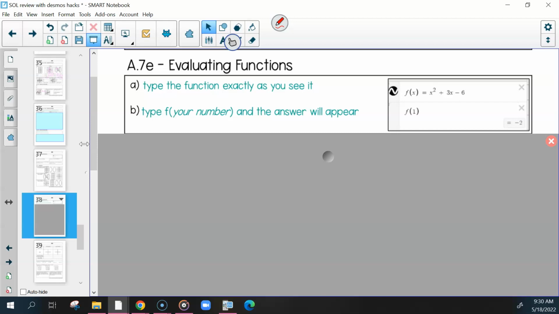So this would be instead of just putting the number directly in for x. So you could do either or. All of these are finding the y.